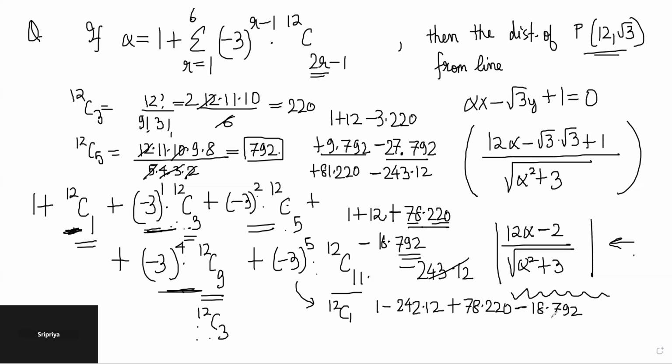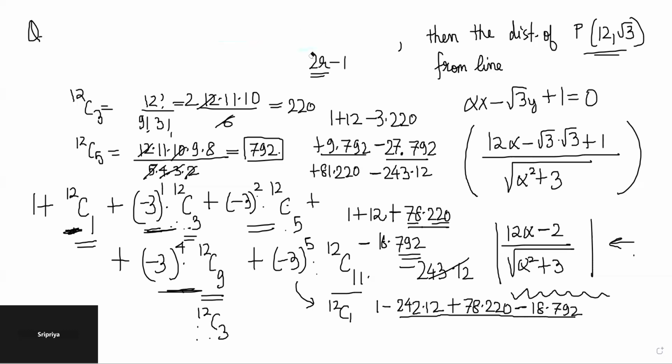Obviously, I can take 12 common in all three terms here. So I will do that, and I will get 1 minus 12 common, 242 minus 13 sixes and 2 into 110.